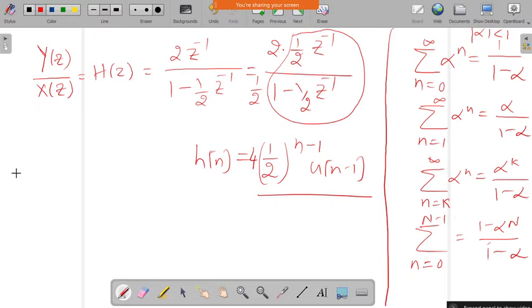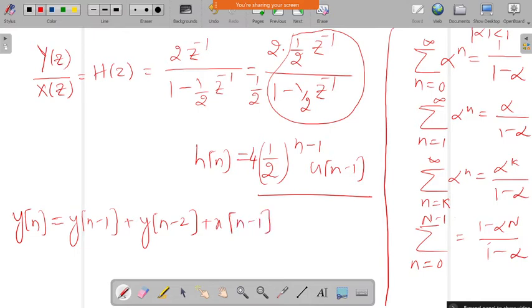So now you can take another difference equation and try to solve. y of n equal to y of n minus 1 plus y of n minus 2 plus x of n minus 1. So now find out the transfer function for this and its inverse Z transform.